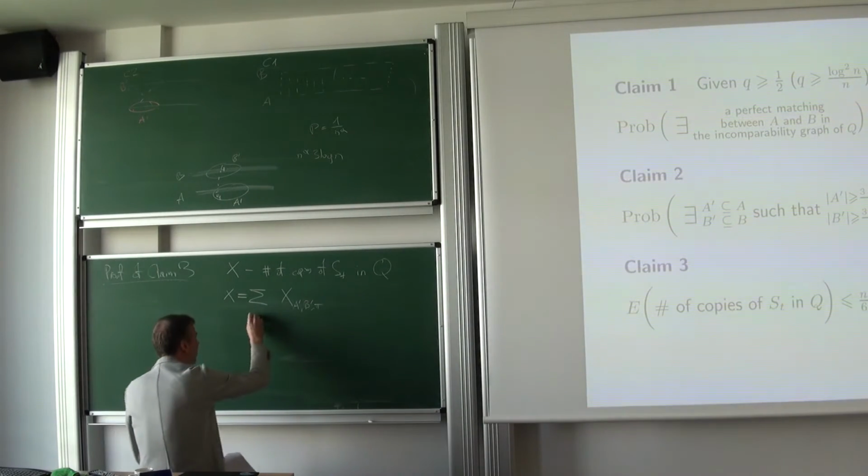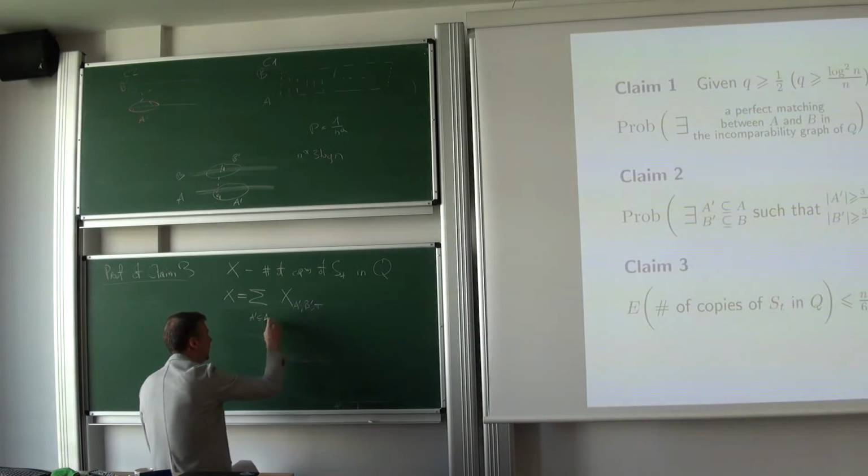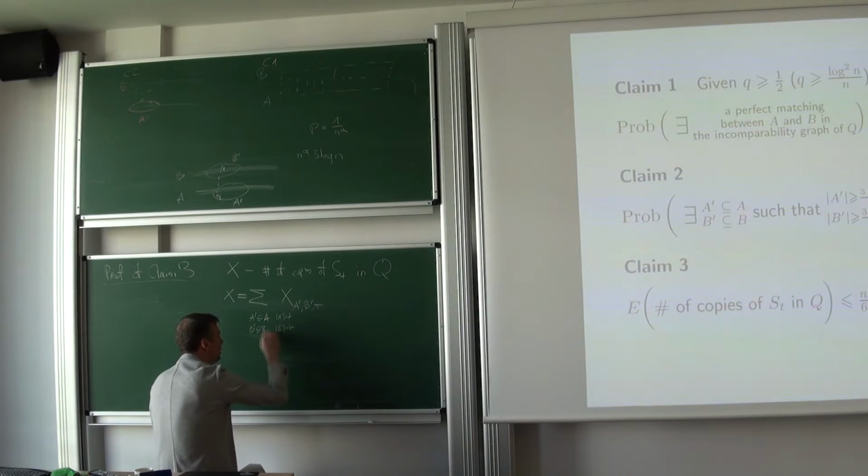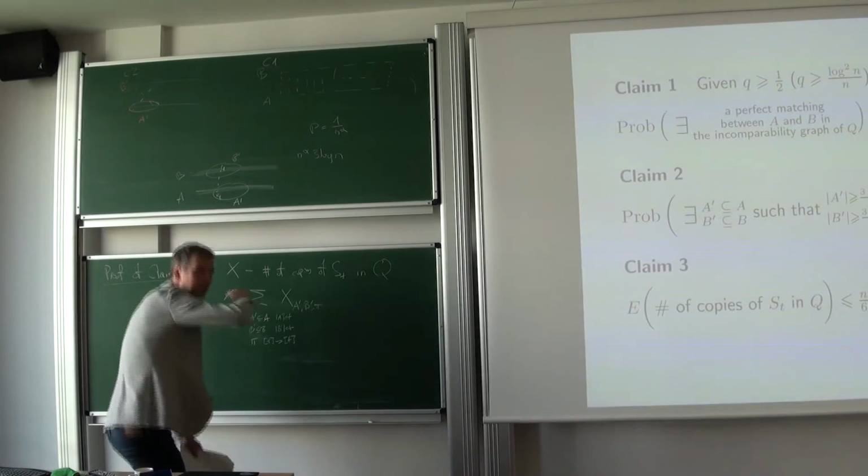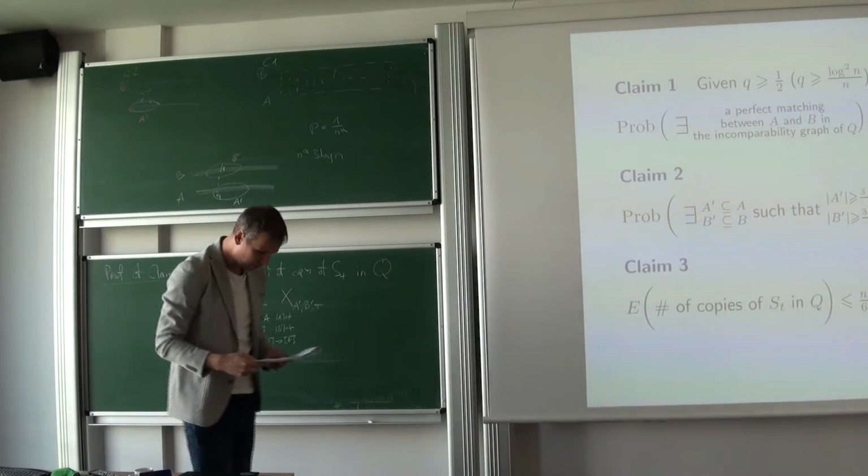So we are going over all A primes, subsets of A of size t. We're going over all B primes, subsets of B of size t. And we take all permutations of t, to fix the bijection.